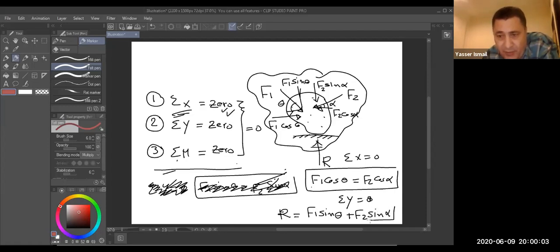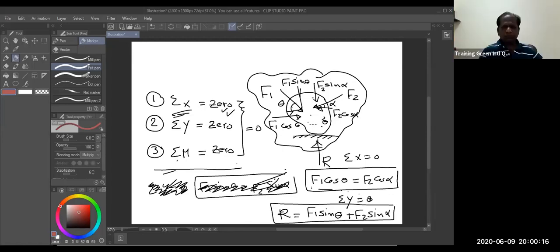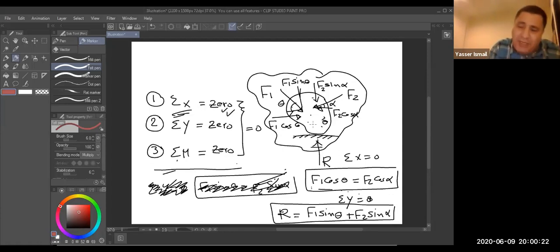This is the second equation. And the third equation: all the forces giving a moment at a particular point, the summation of these moments should be 0. Some of these forces give negative moment and some give positive moment. Positive moment plus negative moment together should be 0.